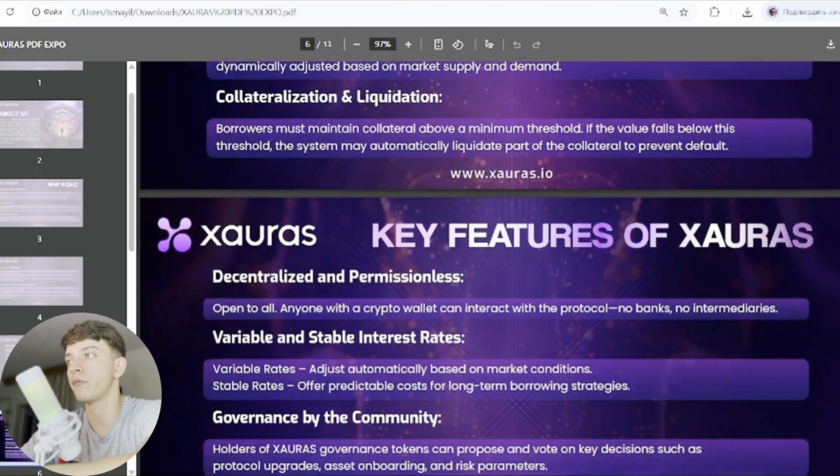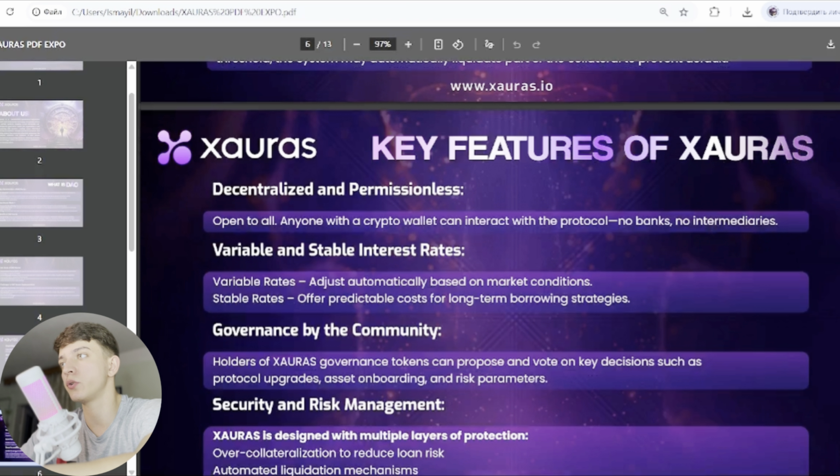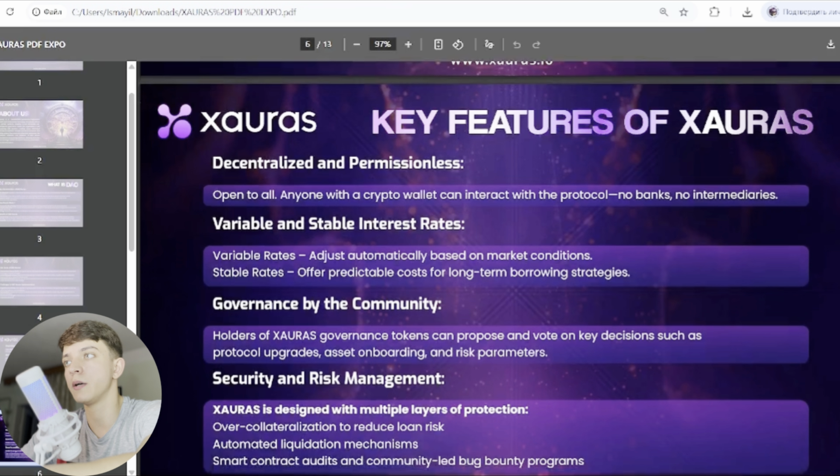So the key features of Xauras: decentralized and permissionless, open to all. Anyone with a crypto wallet can interact with the protocol. No banks, no intermediaries. Variable and stable interest rates: variable rates adjust automatically based on market conditions, while stable rates offer predictable costs for long-term borrowing strategies.